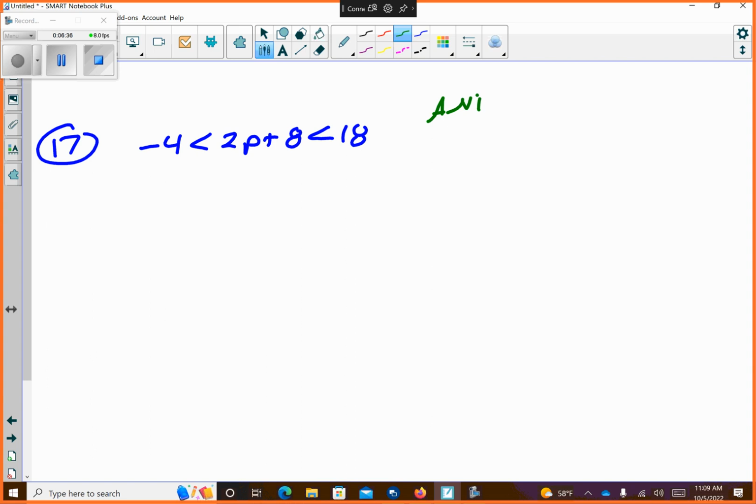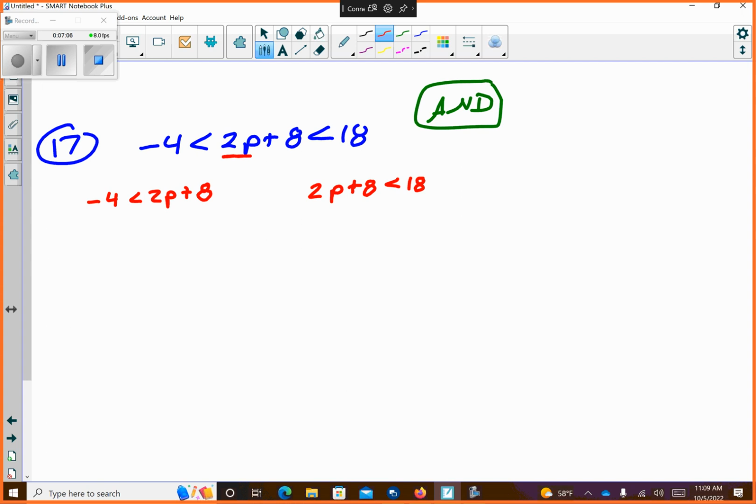We have -4 is less than 2p plus 8 is less than 18. Okay. A few things about this problem. Yes, I assigned you all the ands last night. So we know this is an and problem because it's all put together. Now the hard part on doing this, and I get it, as a student, it's like, well, why should I have to write the problem twice? I promise you, this skill is like the baby stuff that'll help you in further math classes.